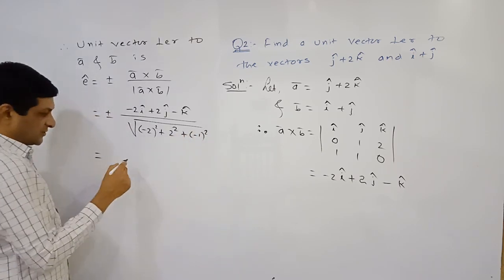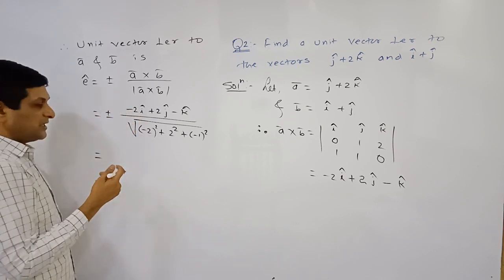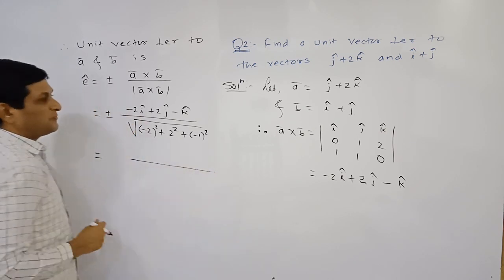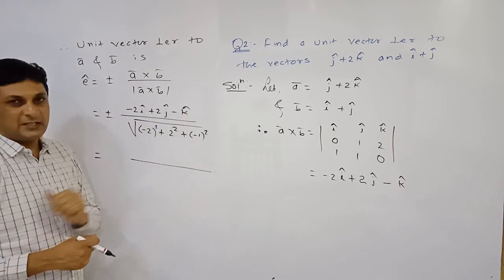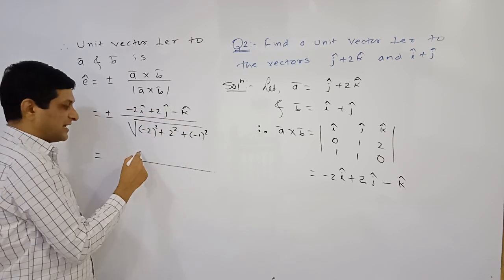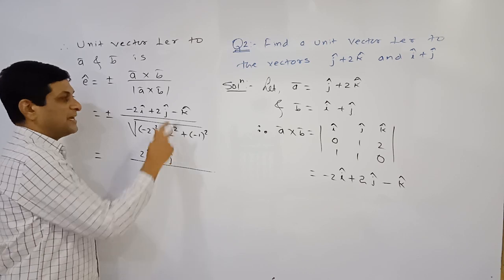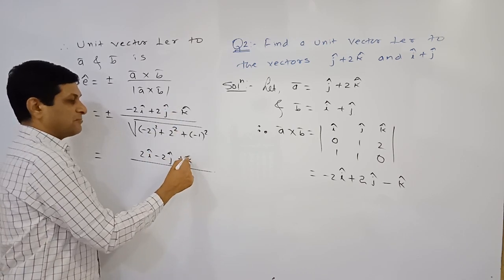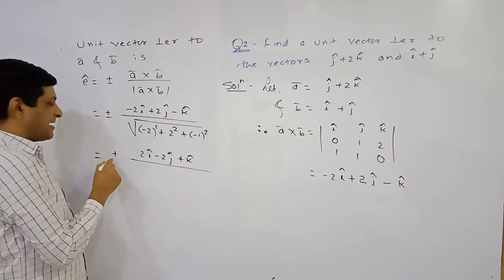If you observe the numerator, here the first term is negative. If you want to eliminate that negative, we can multiply all the terms by minus. If we multiply by minus, the signs of all the terms will change, so here we will get plus 2i cap, here minus 2j cap, and here plus k cap. Keep this plus as it is, we have just multiplied by minus.